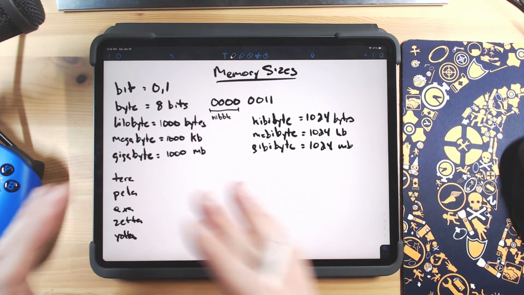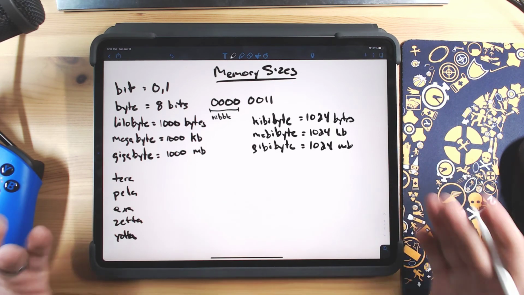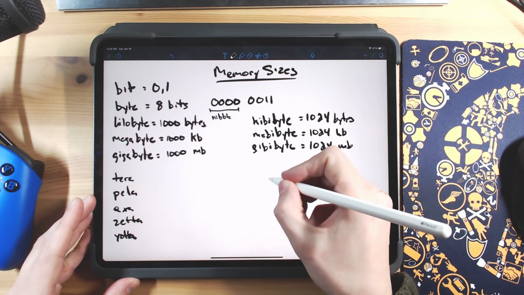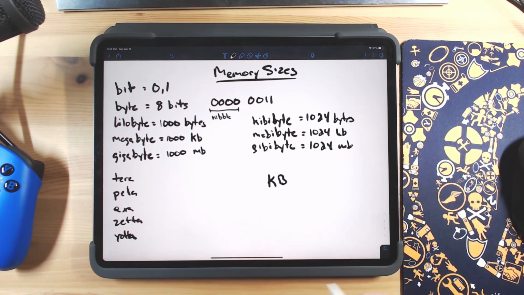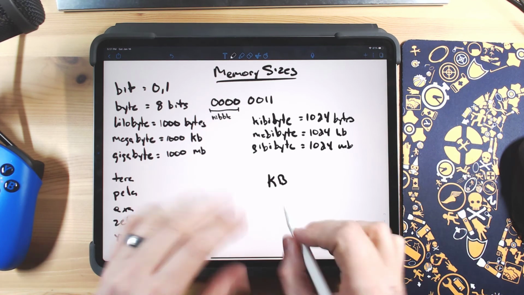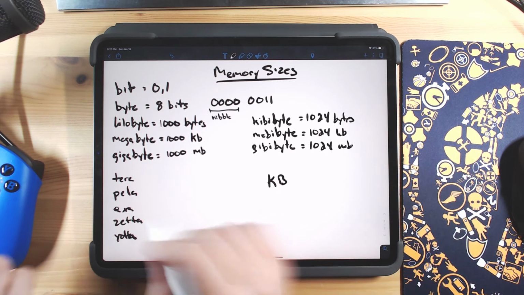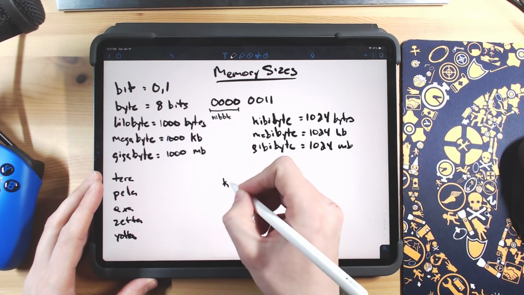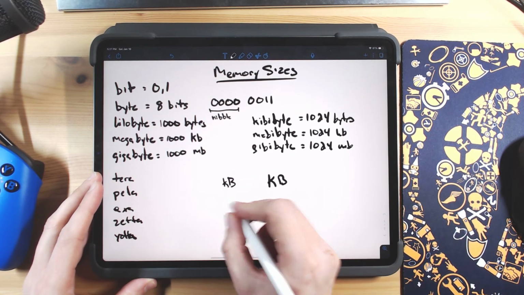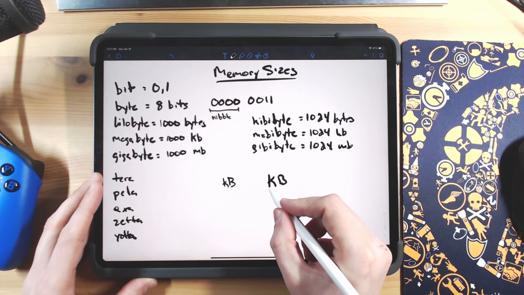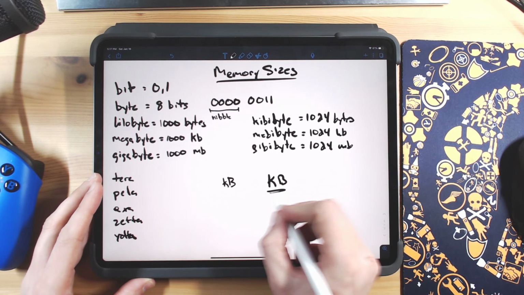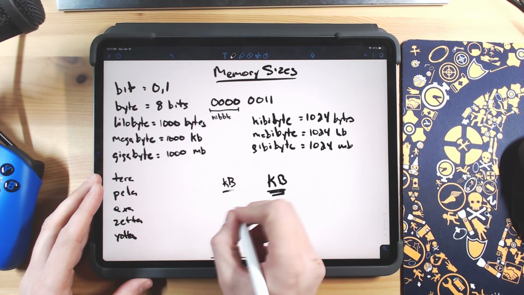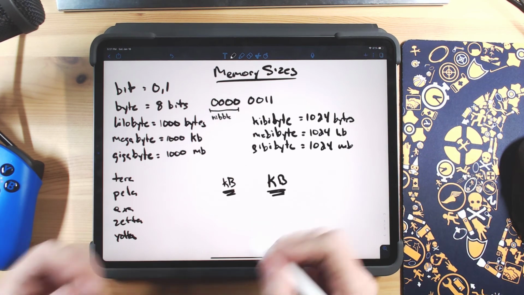Now, there is one other naming standard, just to make it even more complex, which actually says that kilobytes with a capital B instead of a lowercase b means 1024. This is why sometimes when you look at your internet bandwidth speeds and stuff, sometimes you see abbreviations with a lowercase b, where you have kilobytes with a lowercase b and then kilobytes with a capital B. The capital B typically represents 1024, whereas the lowercase b typically represents 1000.